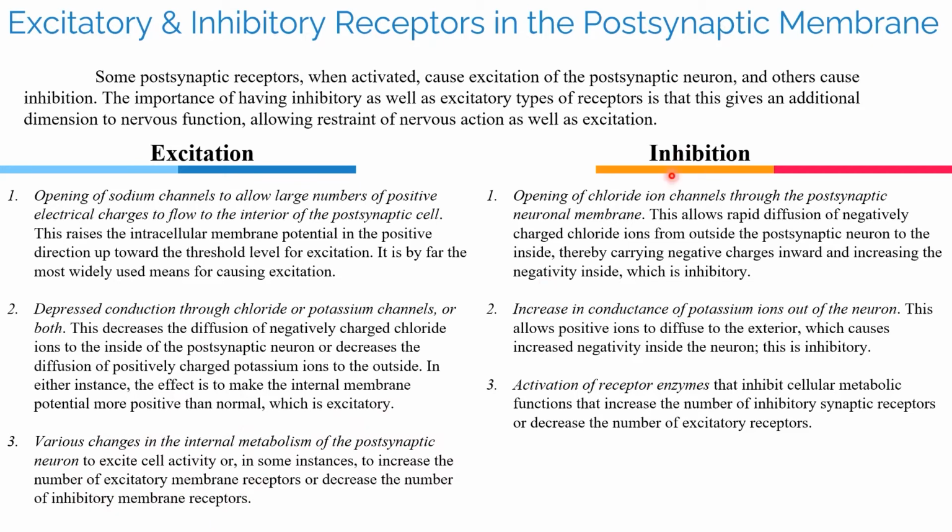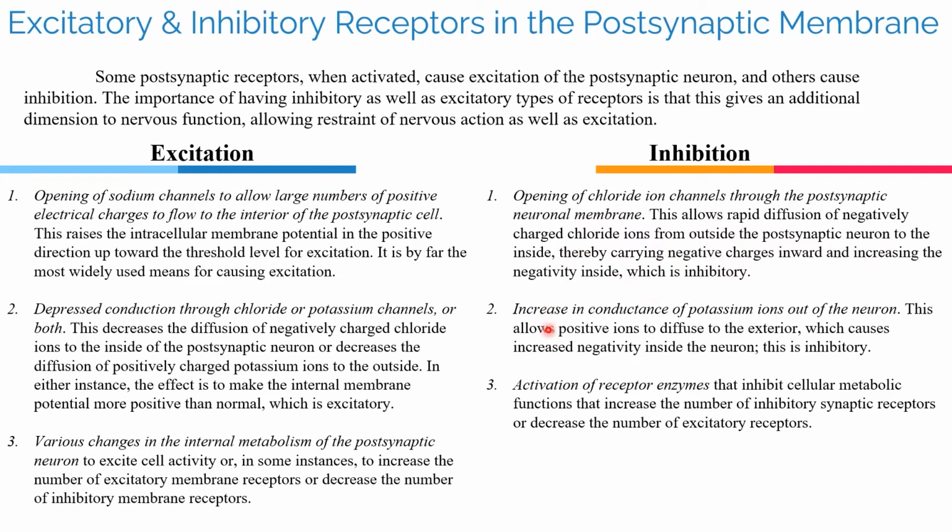Next, we look into the inhibition of the postsynaptic neuron. This can happen via opening of chloride ion channels in the postsynaptic neuronal membrane. This allows rapid diffusion of negatively charged chloride ions from outside the postsynaptic neuron to the inside, thereby carrying negative charges inward and increasing the negativity inside, which is inhibitory in nature.